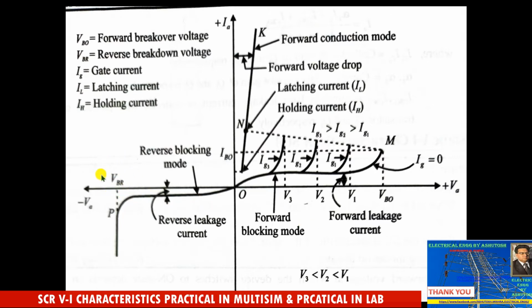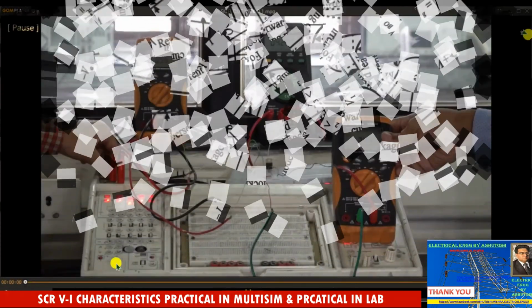When it reaches this situation, a heavy reverse current flows, and if this current is not limited to a safe value, power dissipation will increase to a dangerous level and destroy the device. So this is the reverse blocking mode, and this is the reverse anode current. So guys, this was all about the SCR VI characteristics.